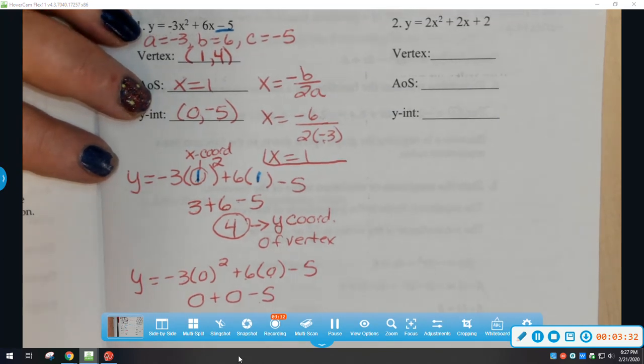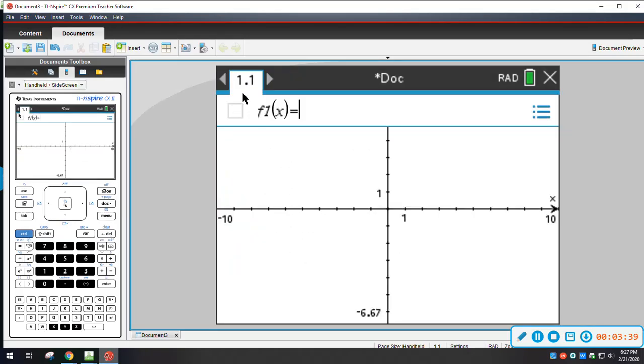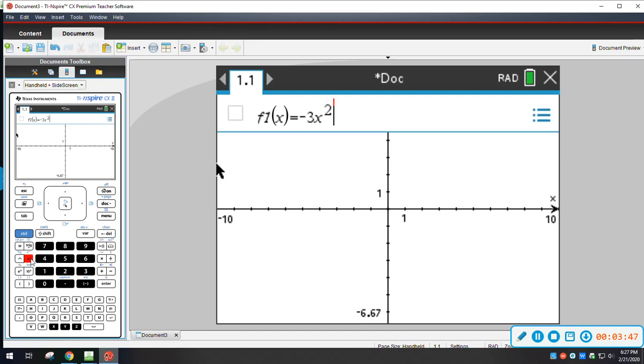Graphically, let's add a graph. It's negative 3x squared plus 6x minus 5.